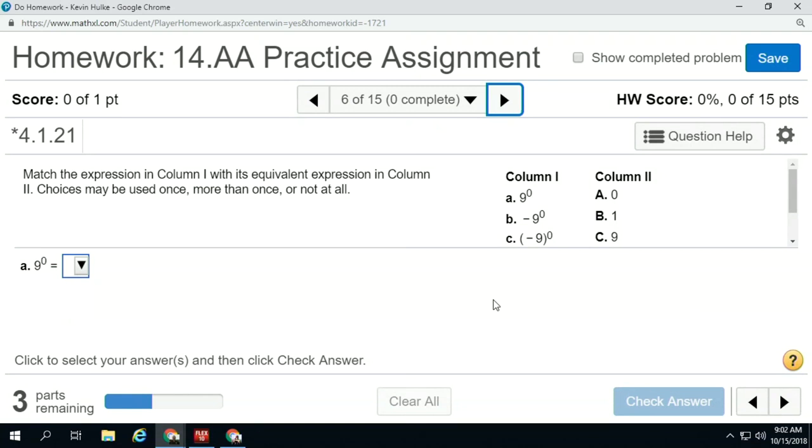Each one of these in column 1 matches something in column 2. Go. There's a thing I'm missing here.